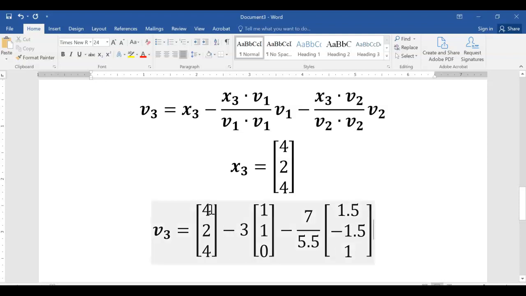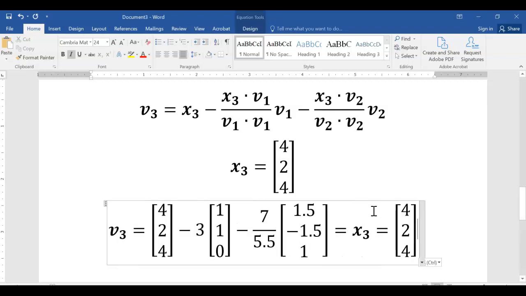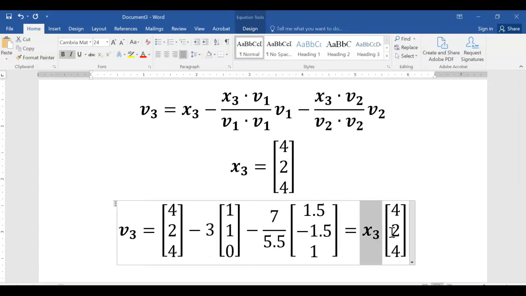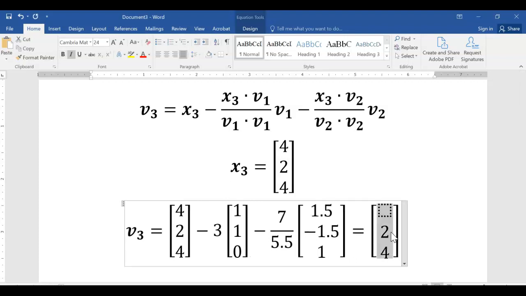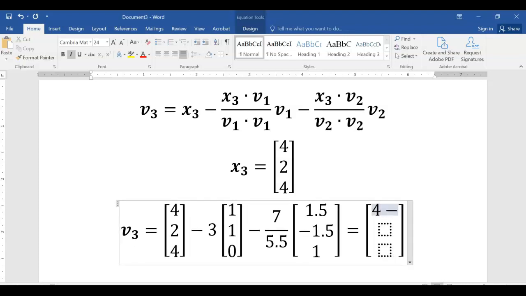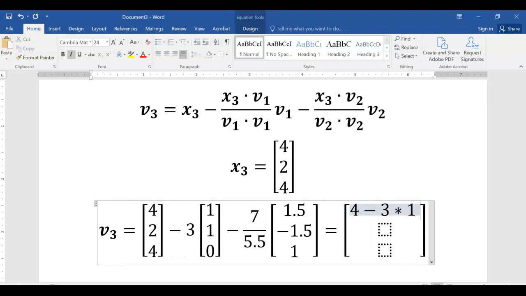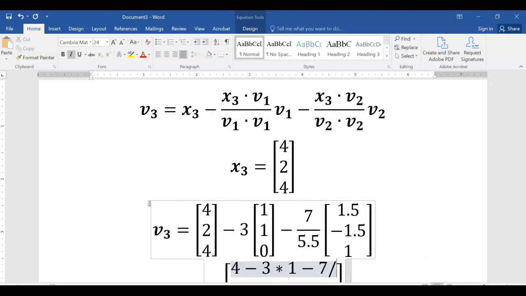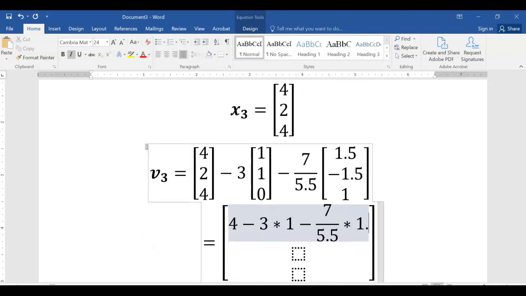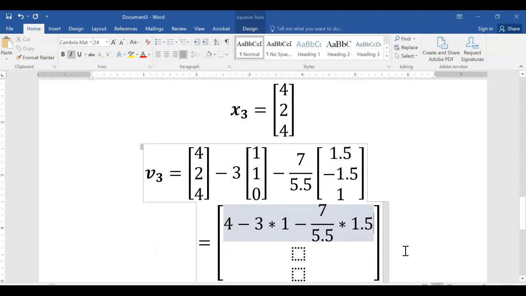Now with some simple calculations, 4 minus 3 times 1 minus 7 over 5.5 times 1.5, you're going to get a straightforward vector. Let's see if I can just calculate that. So a 3 by 1 vector, we got 4 minus 3 times 1 minus 7 over 5.5 times 1.5. It's kind of a long deal, but that's what it is.